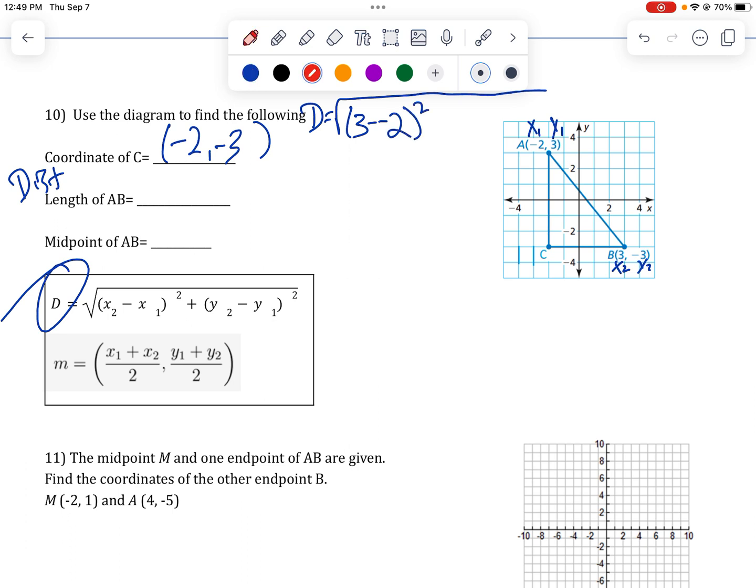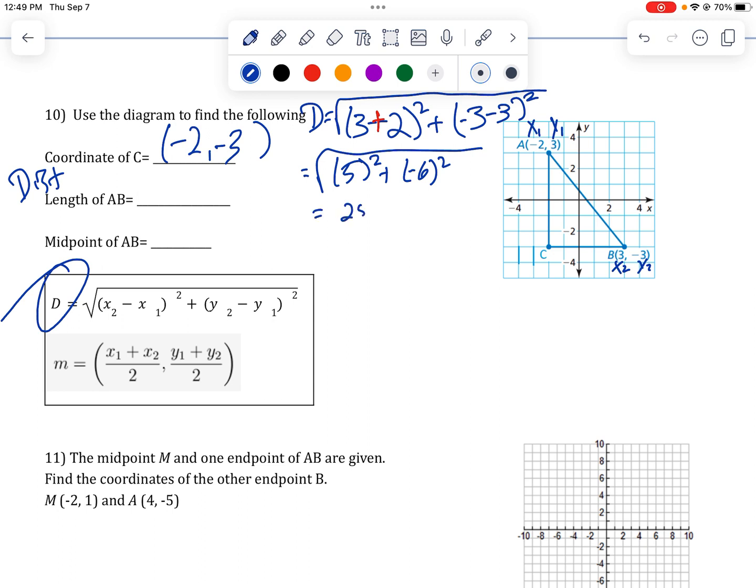Remember, if you subtract a negative, it becomes a positive, plus Y2, which is -3, minus Y1, which is just 3, equals square root. 3 plus 2, I get 5 squared, plus -3 minus 3 is -6 squared.